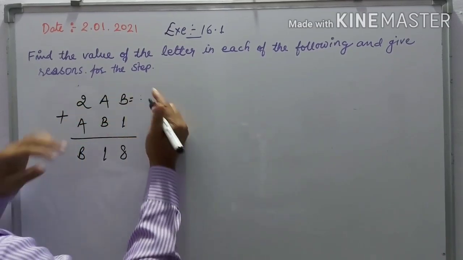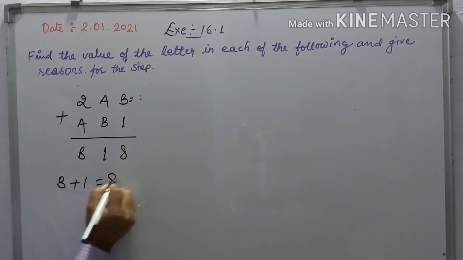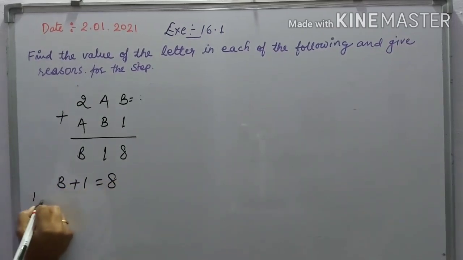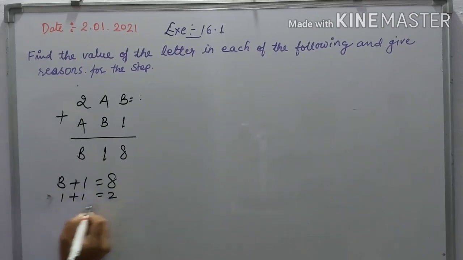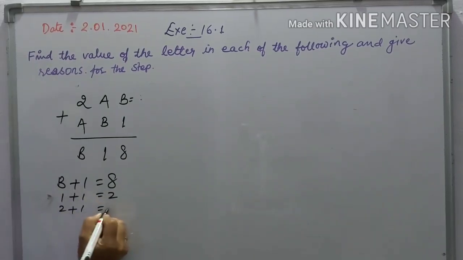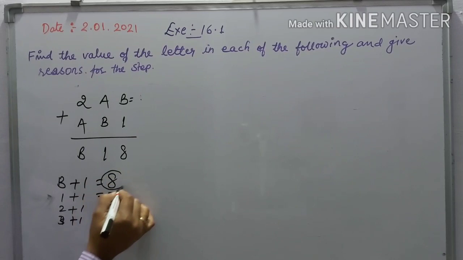Suppose you write the b value is 1. Suppose b plus 1 is equal to 8. 1, 1 plus 1 is equal to 2, 2 plus 1 is equal to 3, 3 plus 1 is equal to 4, which is not equal to 8.